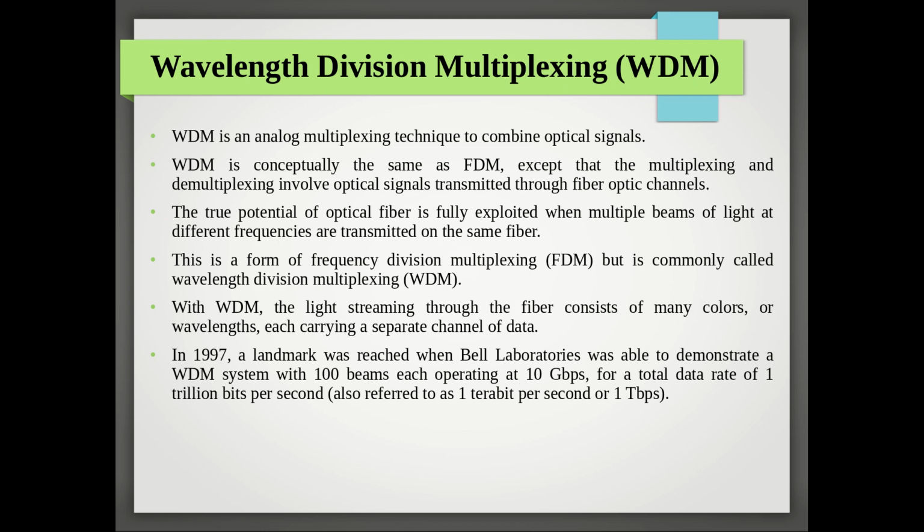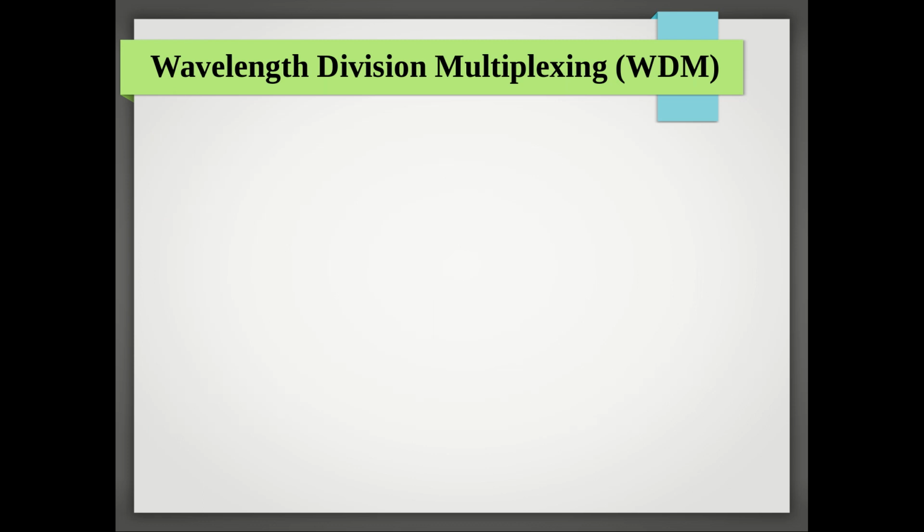The units go kilo, mega, giga, then tera. Commercial systems, instead of 100, currently have 160 channels or beams of 10 gigabits per second available. That is how we can view wavelength division multiplexing.